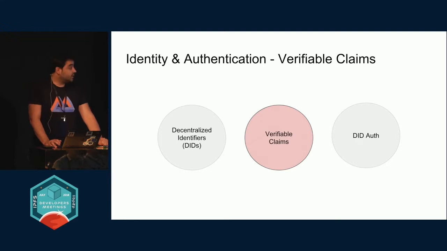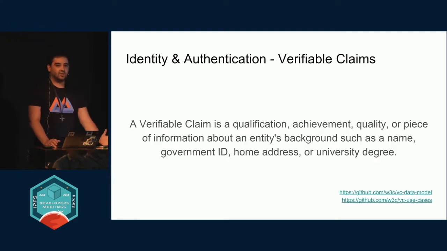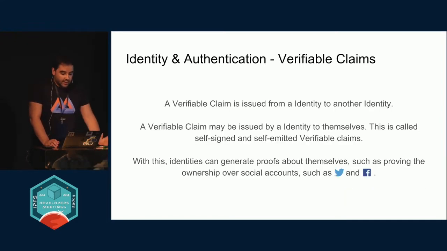And then verifiable claims. Verifiable claims is essentially anything that you can attach to an identity. Even the name, your home address, and things like that can be a verifiable claim. And a verifiable claim usually is sent from an identity to another identity, but also you can have a subset in which the same identity can state or make statements about themselves.